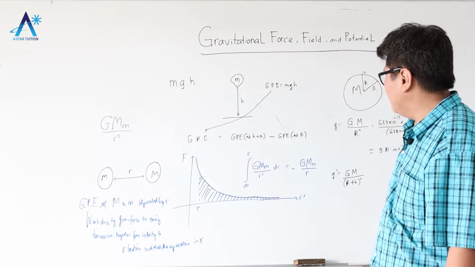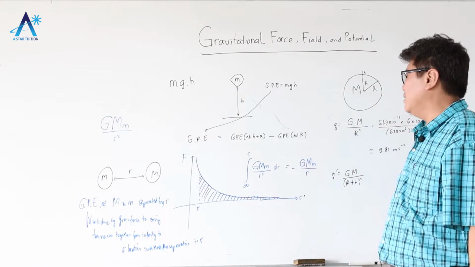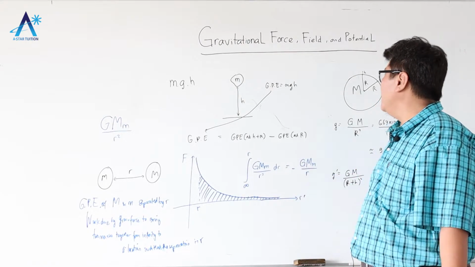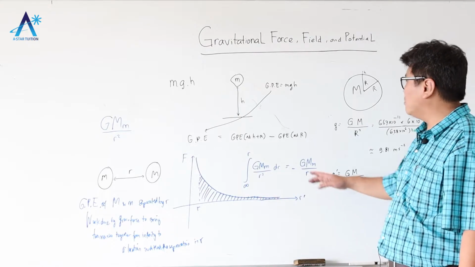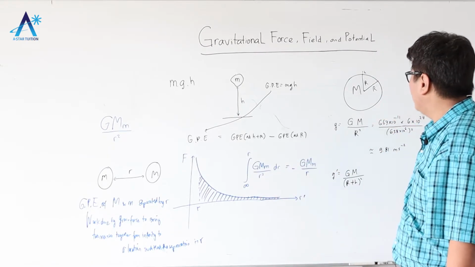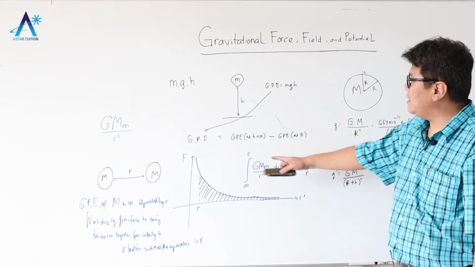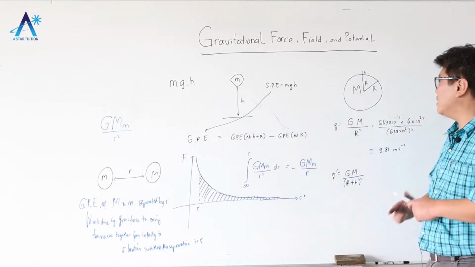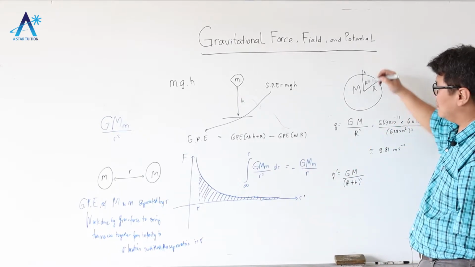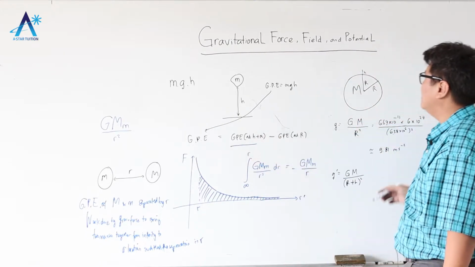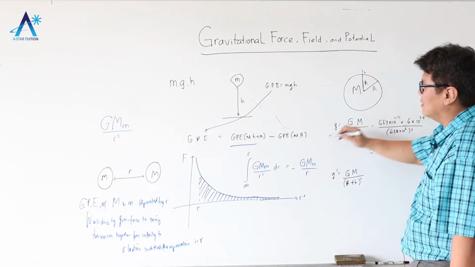Now, with this definition of GPE, let's go back to what we discussed before, which is to calculate the GPE at point h plus r, and then the GPE at point r.